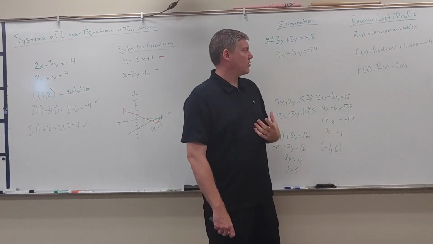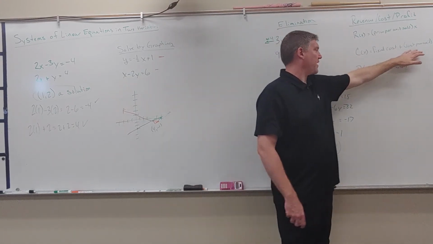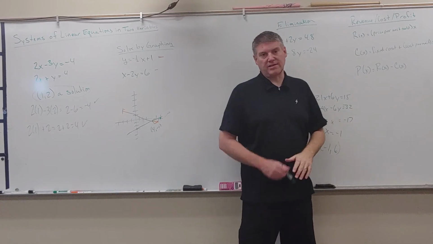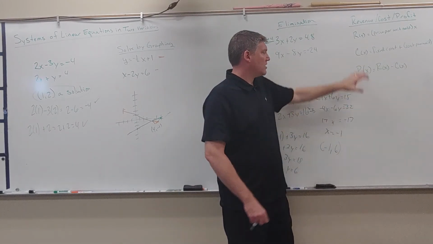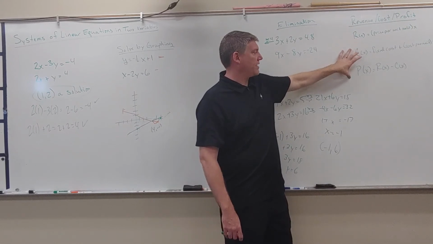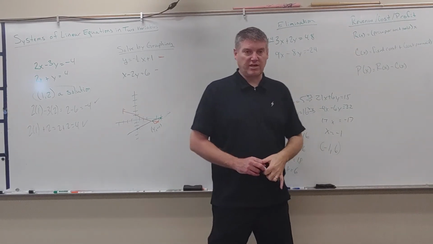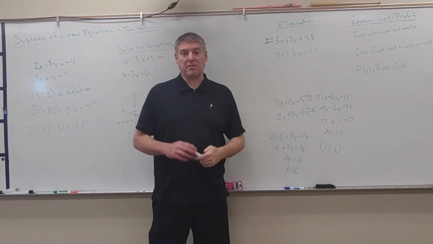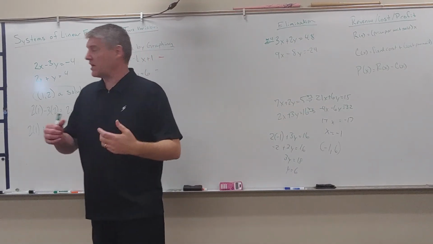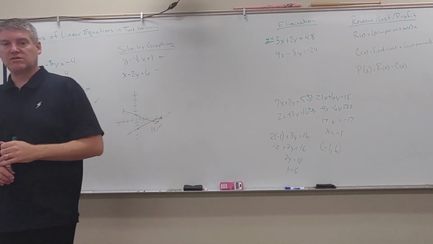Now your profit is your revenue minus your cost. So this is very common to utilize in business, and you can see that there's some application to this. So that's solving systems of equations.